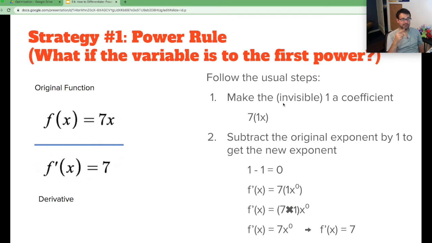So 1 times 7 we don't need to write because anything times 1 is itself. So really, when our variable is raised to the first power, that variable ends up essentially disappearing. We just drop it. We ignore it in our derivatives. So 7x as the original function becomes just 7.